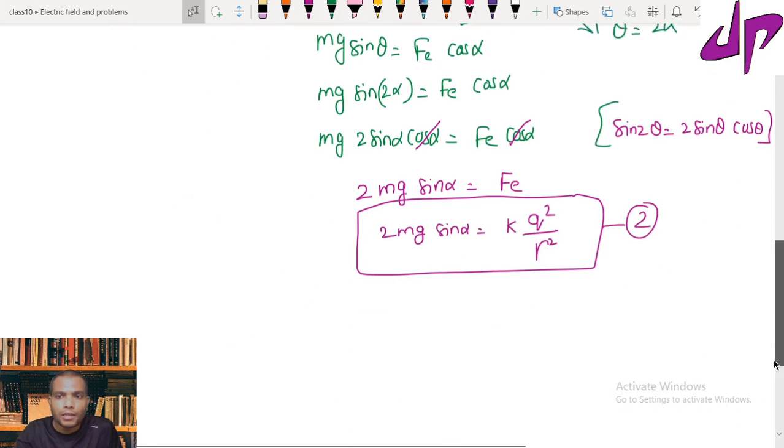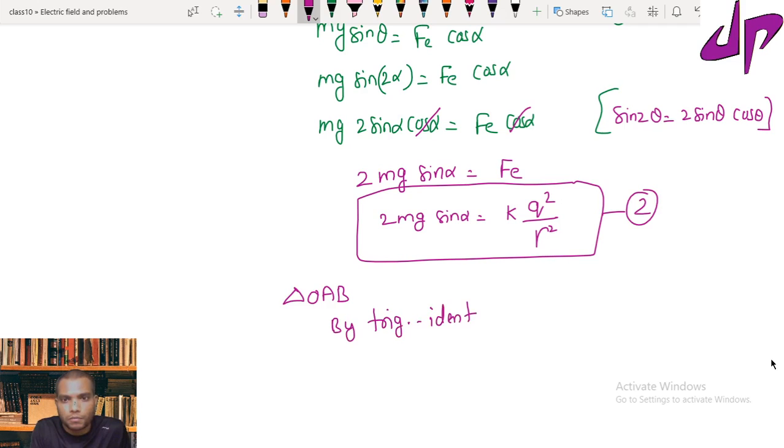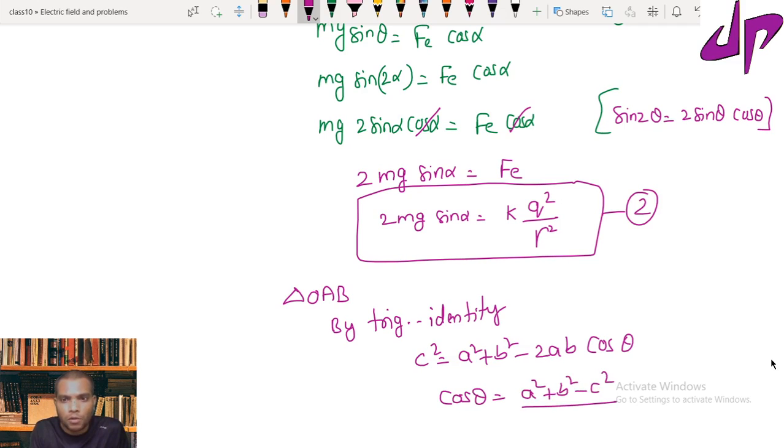So from triangle OAB by the trig identity, c square equal to a square plus b square minus 2ab cos theta. Therefore cos theta equal to a square plus b square minus c square upon 2ab.